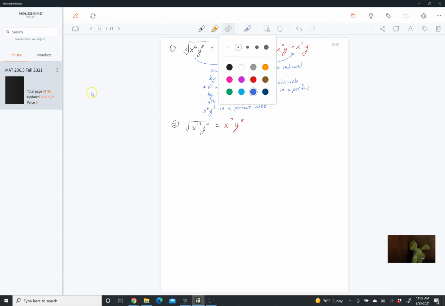So again, take each exponent and divide by the index. 14 over 2 is 7. 10 over 2 is 5.